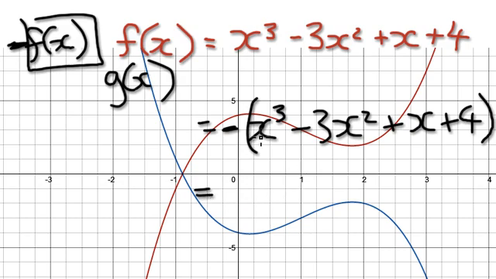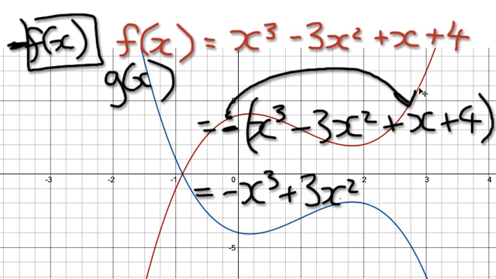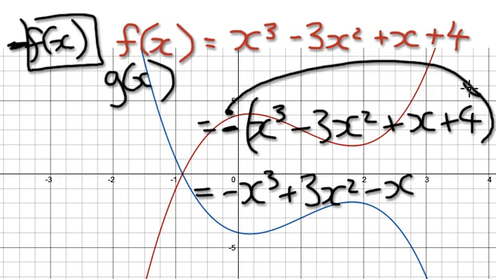So this would be negative 3x to the power 3. Here you've got a negative and a negative, so that would be plus 3x squared, and then this and this would be negative x, and then this and this would be negative 4.